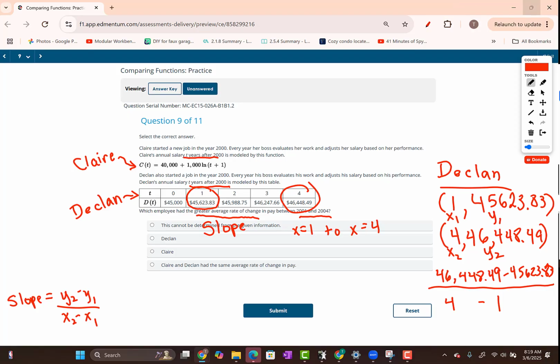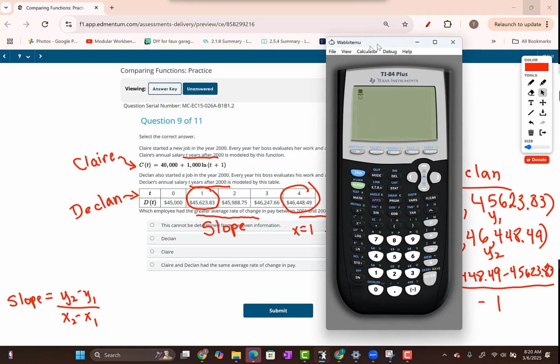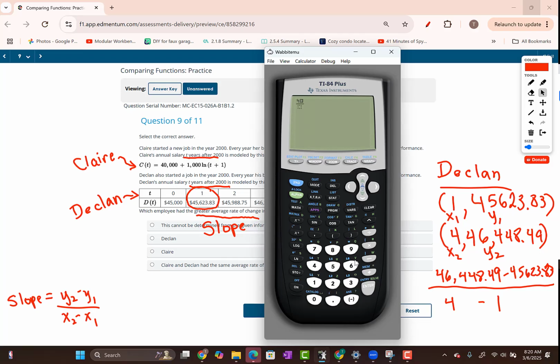Let's pull out the graphing calculator, or any calculator for that matter. If you have one of these, you can, as a shortcut, press alpha y equals number 1, and you get a nice fancy fraction template. If you don't, just be careful typing this in. I would not try to type it in all at once if you do not have this template.